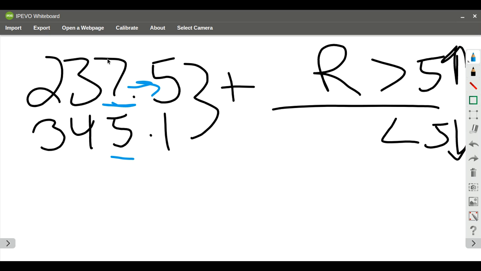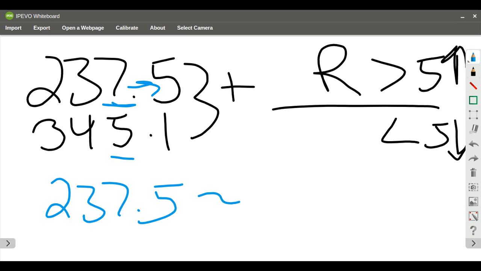Here I have 237 and a 5. My rounding rule says if it's 5 or greater, I round up. So 237 and a half is approximately 238.